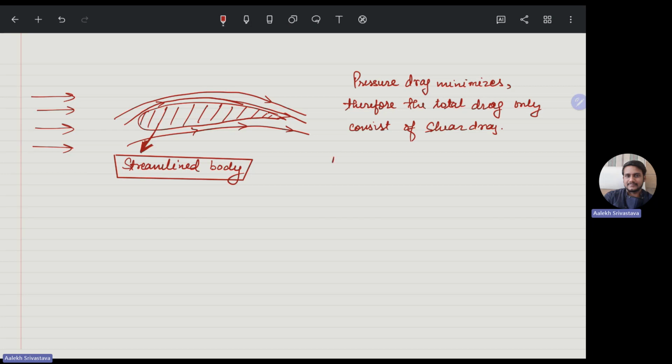And this is possible at low velocities, and also at certain positions, certain configurations, and also with certain design.